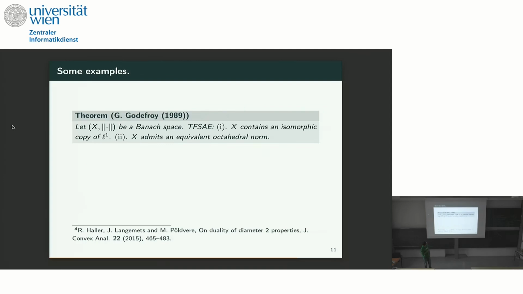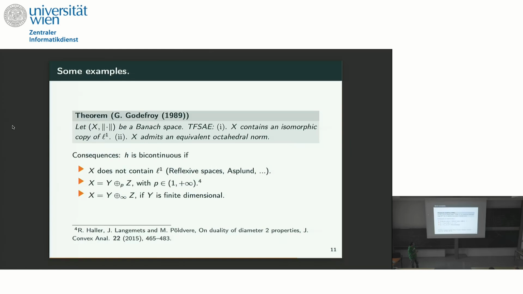So, for instance, the paper of Godefroy says that X admits an equivalent octahedral norm if and only if it contains little l1 as a subspace. By the way, just for completeness, this result was extended to l1 of kappa by Abraham, Antonio, and Gonzalo Martinez, who are here in the audience.